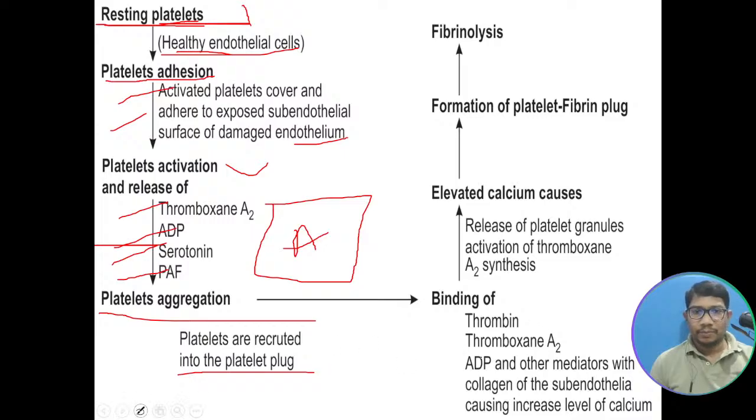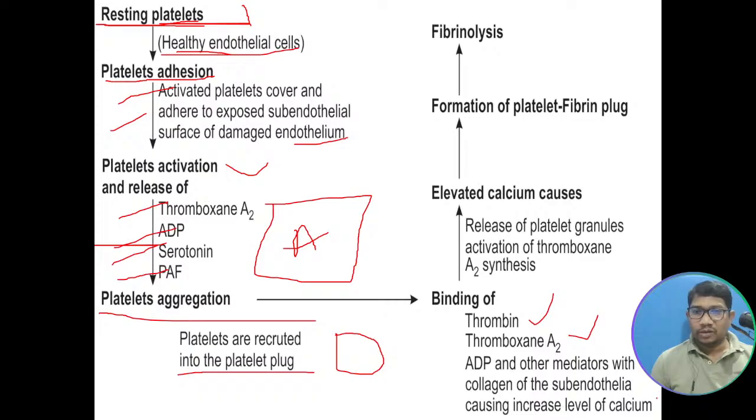Once a primary platelet plug is formed, thrombin will bind in that platelet plug, and thromboxane A2, ADP, and serotonin are released.